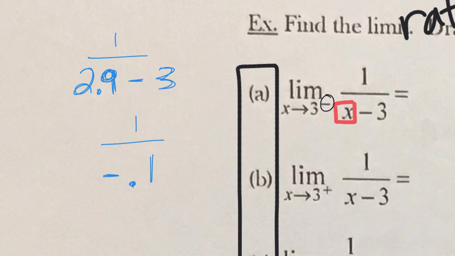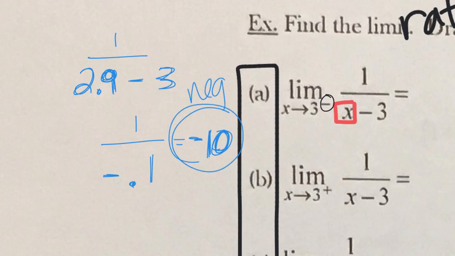If you bought something for $2.90 and you gave them $3 in cash, they would give you a dime back, or 10 cents, 1/10. And of course, 1 divided by 1/10 is negative 10. It's wonderful that you get an answer of negative 10, but the important part is that our answer is negative.